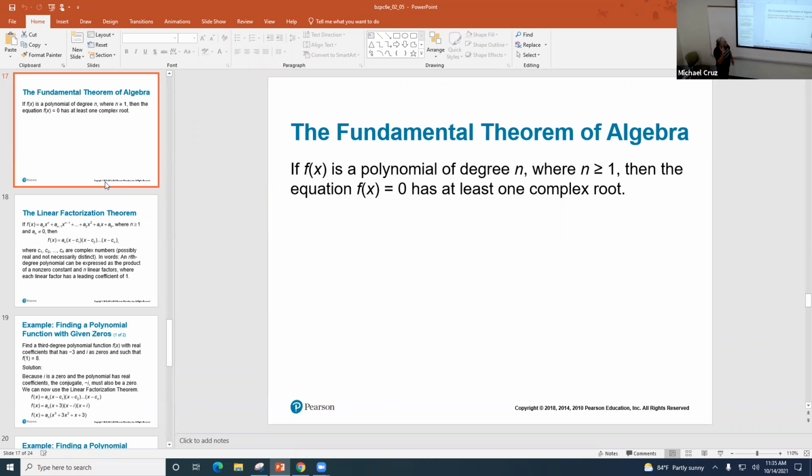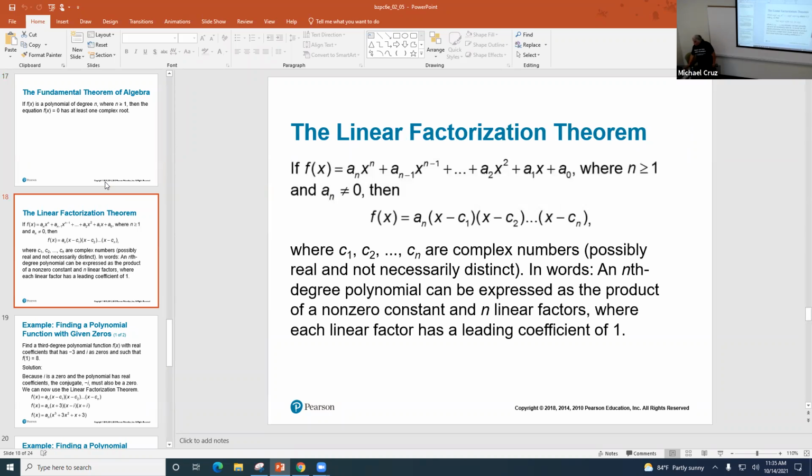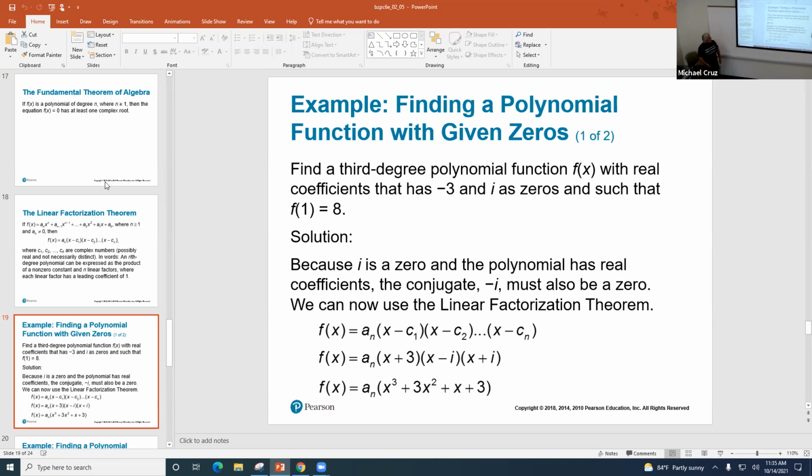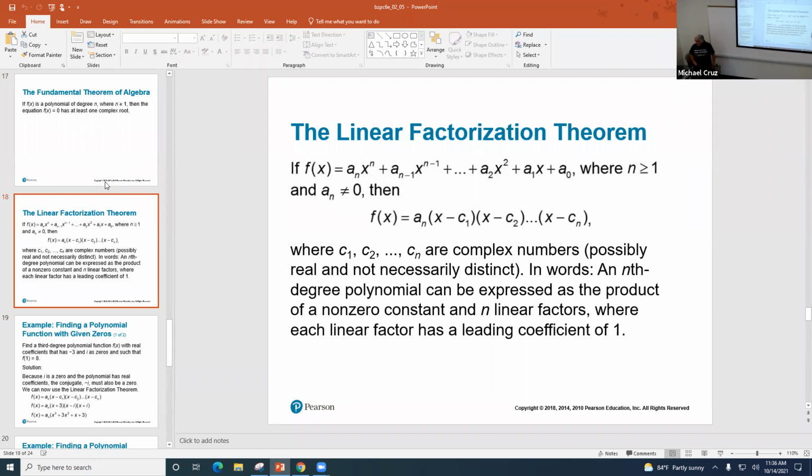And the other thing that it says, in this next one, and this is interesting. Again, that's kind of hard to understand, but I'll show you what it means in a second. It deals with this thing called the linear factorization theorem. And it just means that we can possibly factor a number out of all these factors, and that number is going to go out in front.